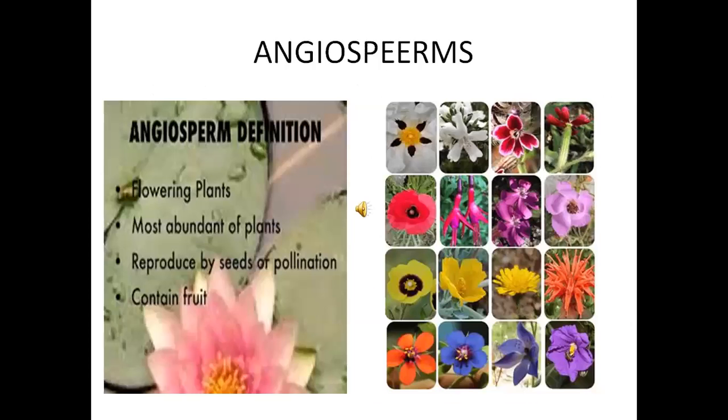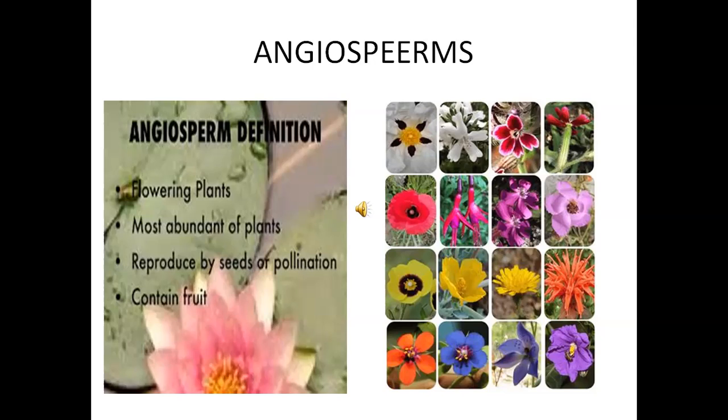Next one, angiosperms. Plant body is well differentiated into true root, stem and leaves. They produce flowers with four whorls: calyx, corolla, androecium and gynoecium, known as flowering plants.